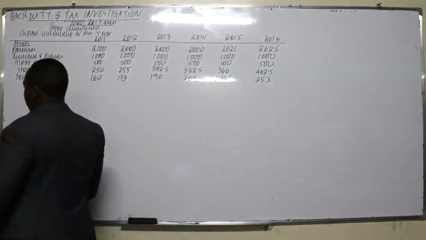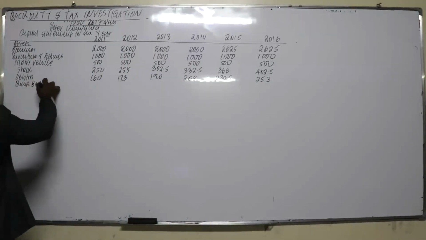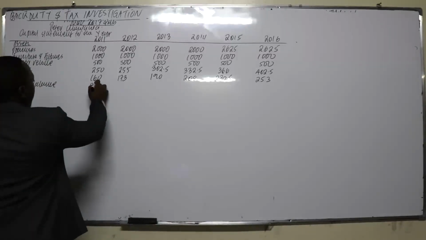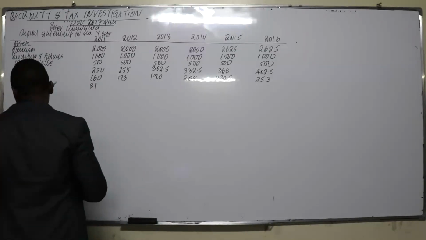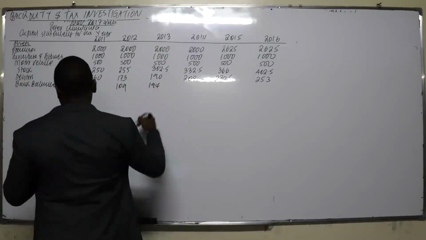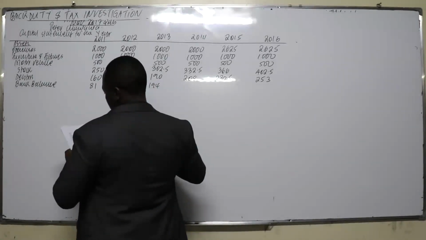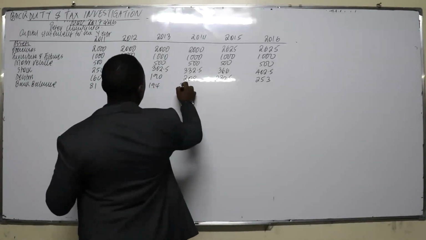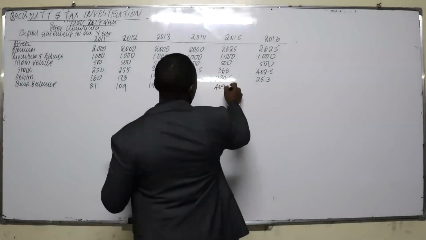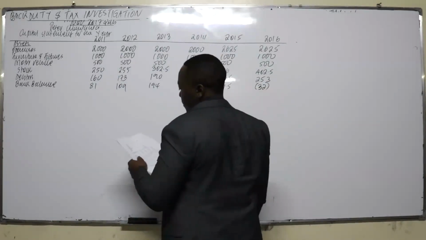Then there was bank balance. Bank balance, we had an amount of 81. Then note number 3, we have 109, 194, 281, 49.5, and then we had 32, which is negative.